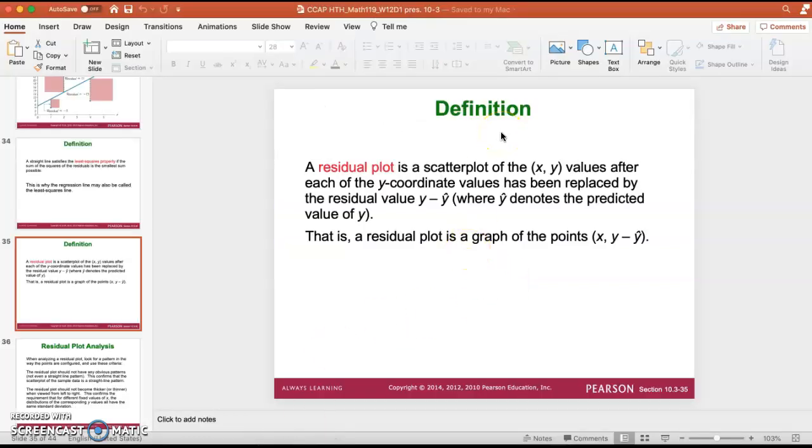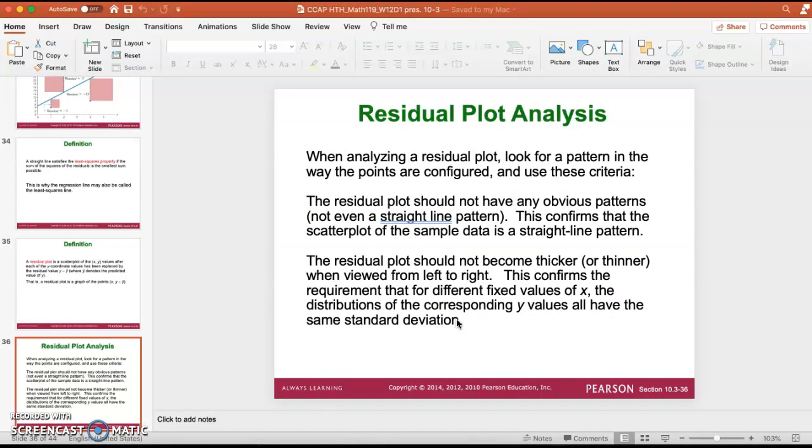All right, and then just continuing with the analysis from there. When analyzing a residual plot, look for a pattern in the way the points are configured and use these criteria. The residual plot should not have any obvious patterns, not even a straight line pattern, as this will confirm that the scatter plot of the sample data is a straight line pattern.